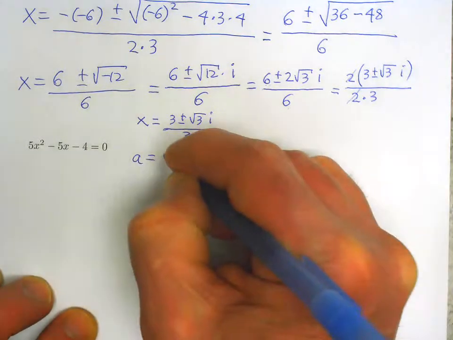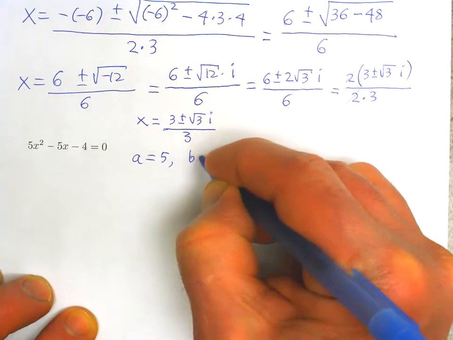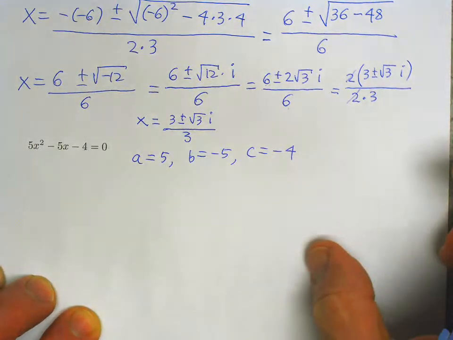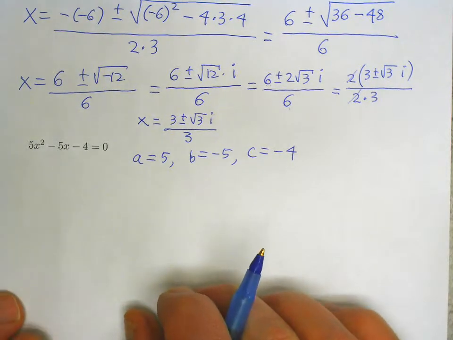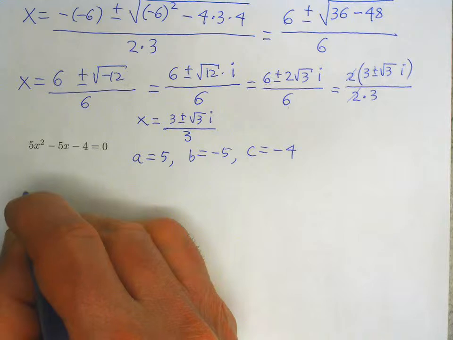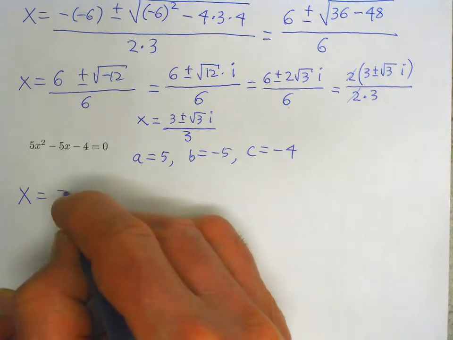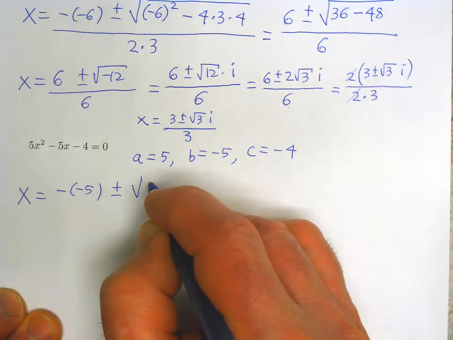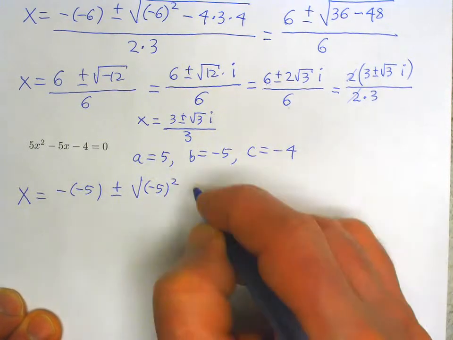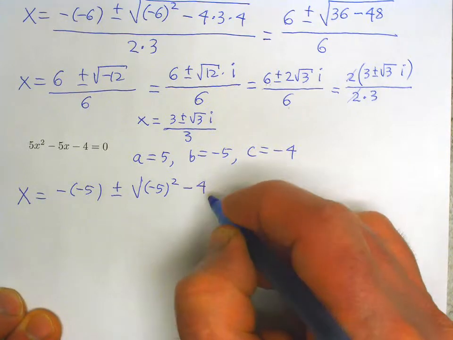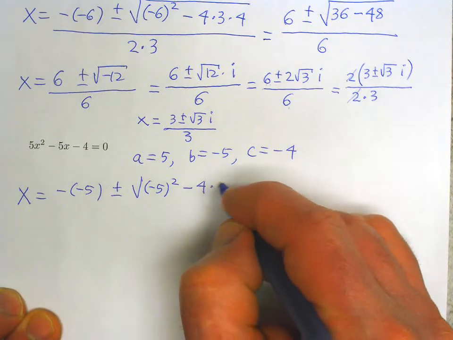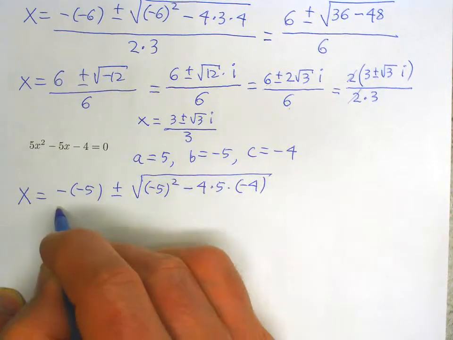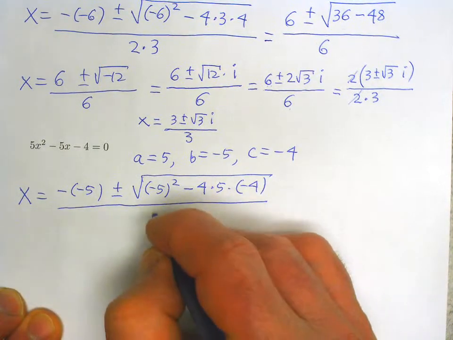So a is 5, b is negative 5, c is negative 4. So we apply the quadratic formula. x is the negative of negative 5 plus and minus the square root of the number negative 5 squared minus 4 times a times c. So 4 times 5 times negative 4, all divided by 2 times 5.